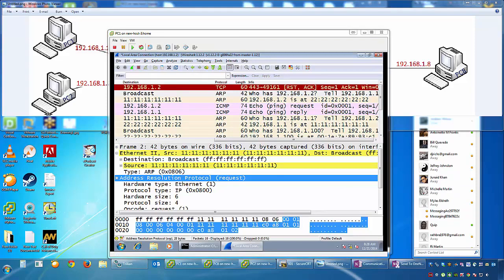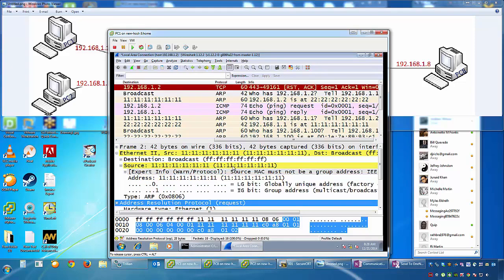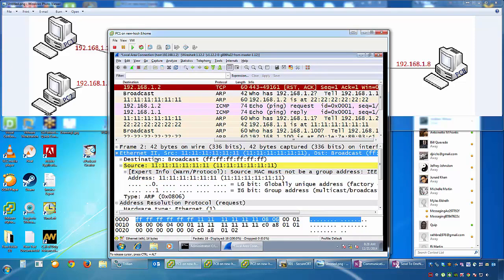So I'm going to encapsulate this data by putting this Ethernet information on top of it. What is this? Well, this is our source MAC address, and here's our destination MAC address. Well, doesn't that look familiar? What's a source MAC address and a destination MAC address? What is that? That's right, our layer 2 information.